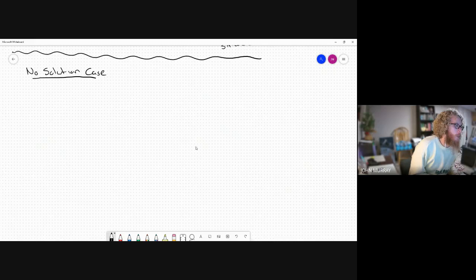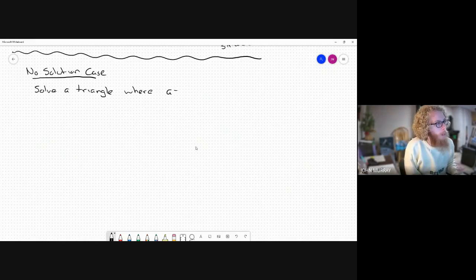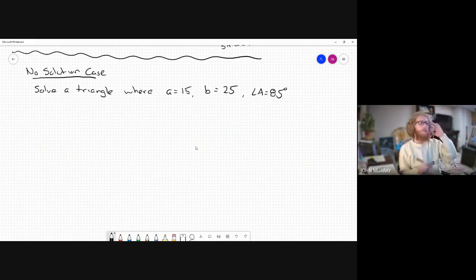So we're going to solve a triangle where a is 15, b is 25, and angle A is 85 degrees. All right, so you may see a situation like this where they don't give you the triangle, they just tell you the measurements of certain parts of it.